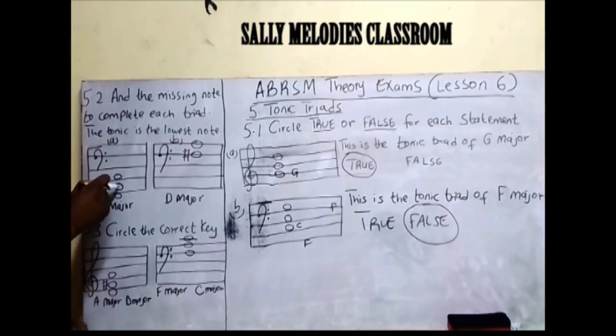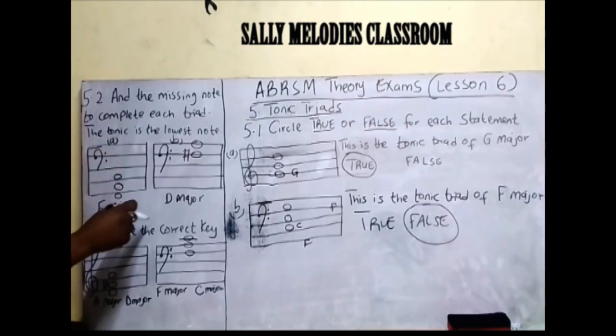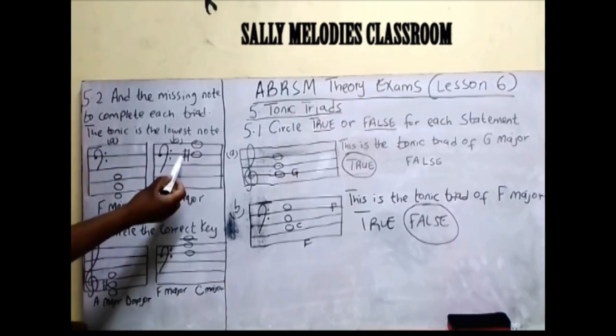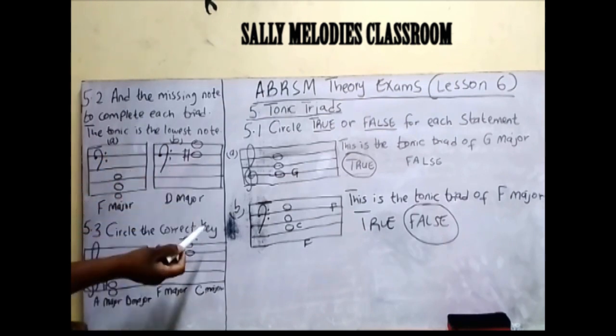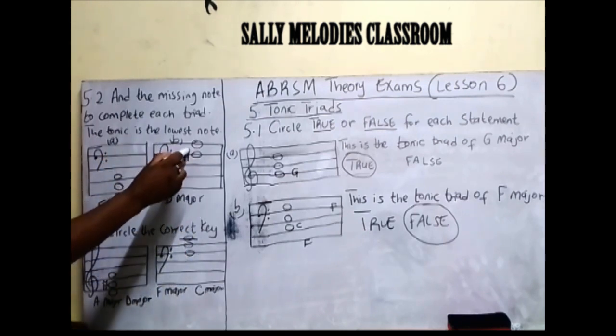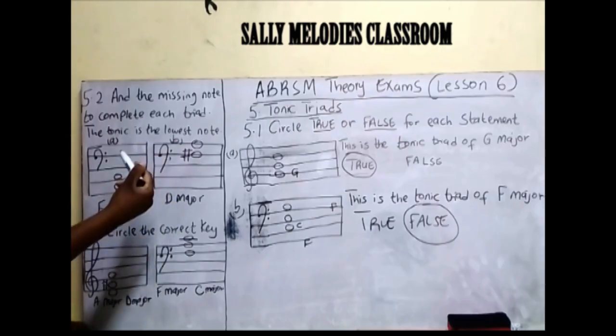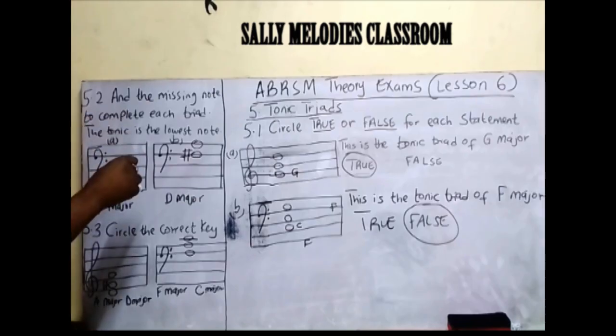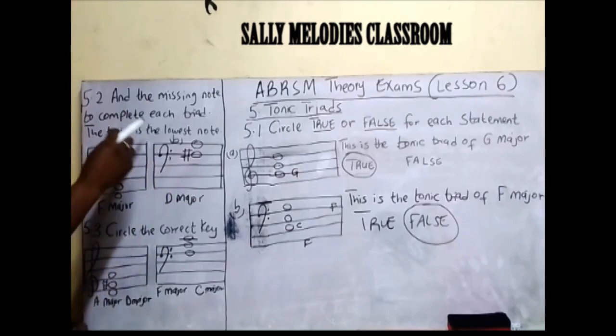And then we have the D major. Remember, D major has a sharp at F and C. Here they have already given you an accidental, so you don't have to put the accidental. It is already there. So the missing note should be the one that is talking about the key.